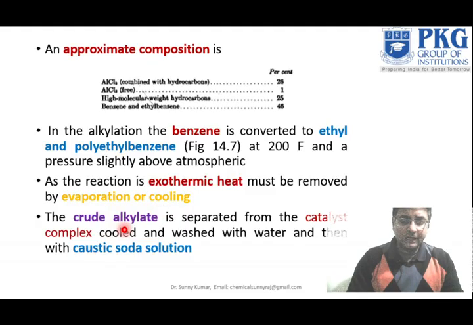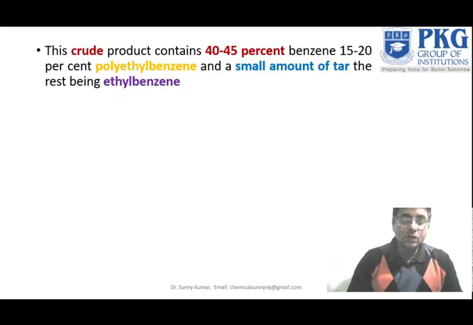The crude alkylate is separated from the catalyst complex, cooled, and washed with water and then with caustic soda solution. The crude product contains 40 to 45% benzene, 15 to 20% polyethylbenzene, and a small amount of tar, the rest being ethylbenzene.